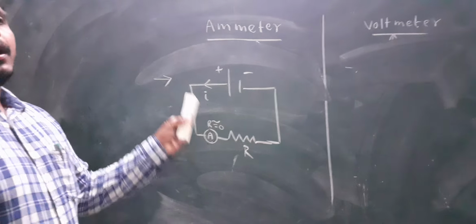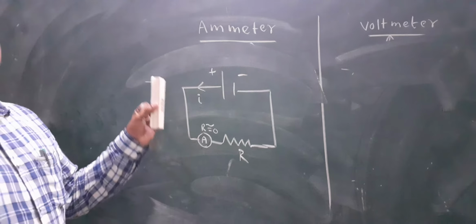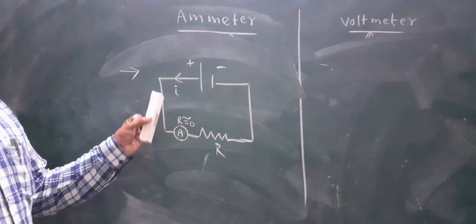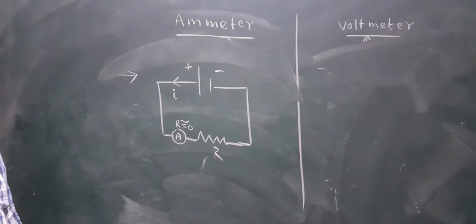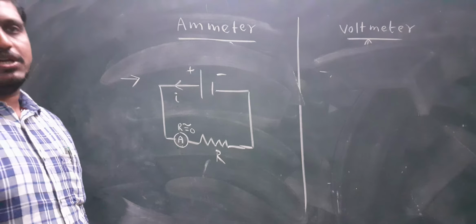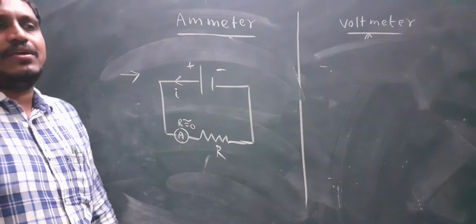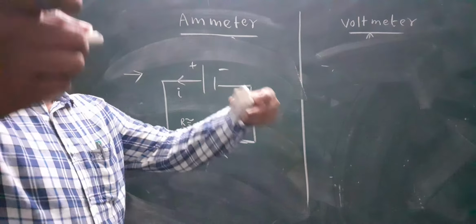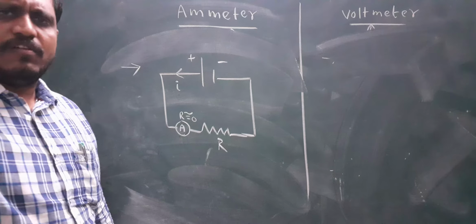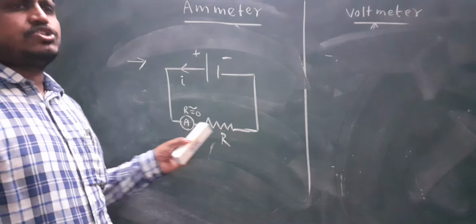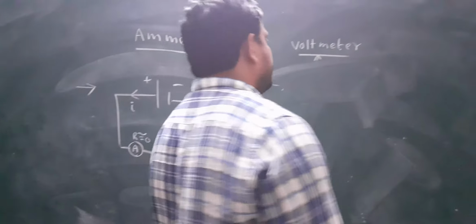So that's why the ammeter is always connected in series to the external circuit.